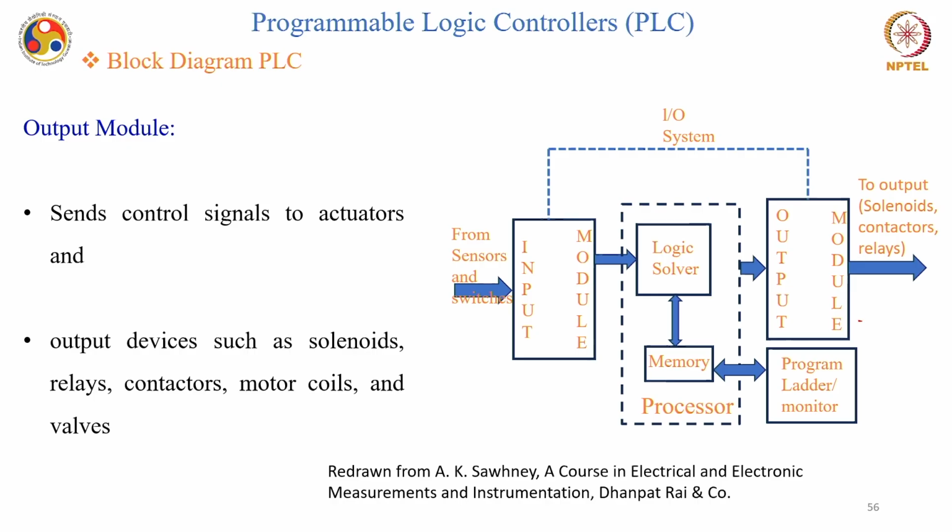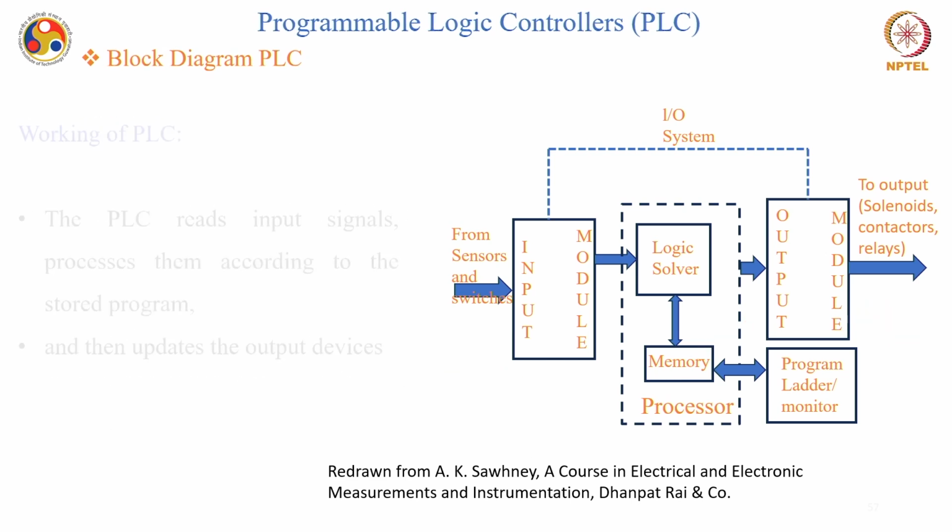Its work is to send control signals to actuators, the subsequent stage that we saw in the first slide, where the error signal is compared with the set point and followed by an actuator. So it sends control signals to actuators depending on what the processor has fed into it, and output devices such as solenoids, relays, contactors, motor coils and valves are directly connected to this output module as they are the actuators controlled by this PLC.